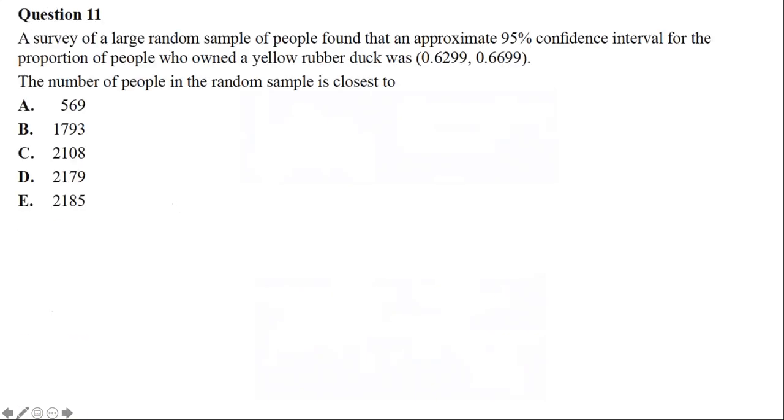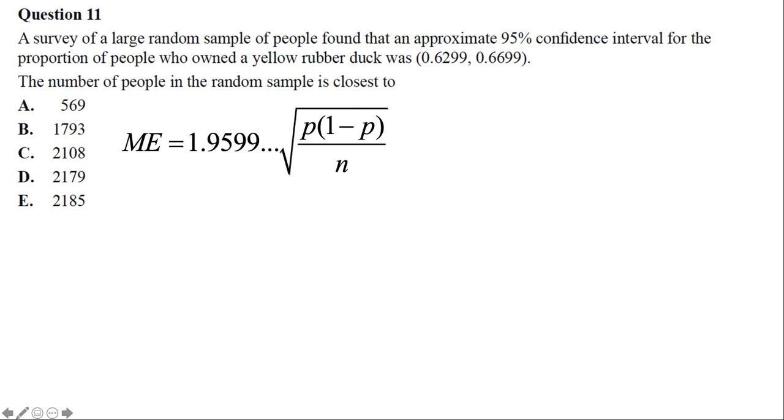Question 11 is about calculating the sample proportion and its confidence interval. The approximate 95% confidence interval for the proportion of people who own the yellow rubber duck was 0.6299 to 0.6699. We want to find the unknown value n, which is the number of trials, or the number of people in the random sample.